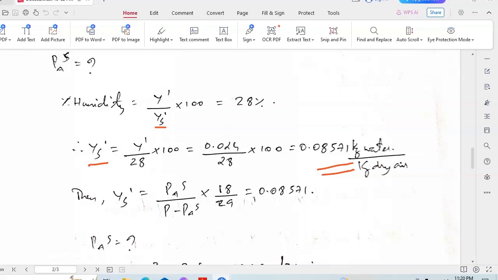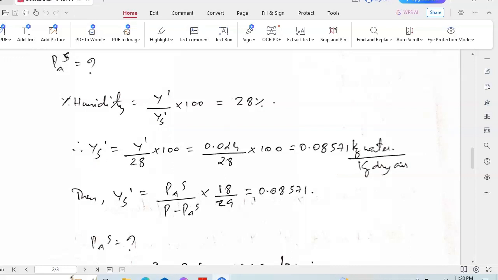Then Y dash is equal to Pa by P minus Pa into 18 by 29. Therefore, in terms of partial pressure, we write Ys dash as vapor pressure PAS by P minus PAS. Ys dash is 0.08571 kilogram water per kilogram dry air.